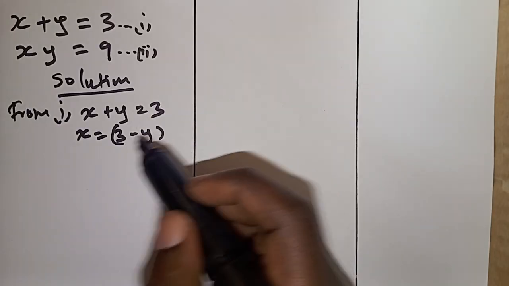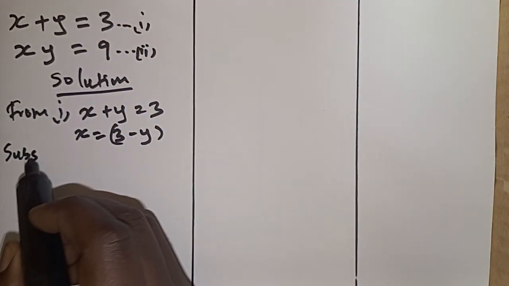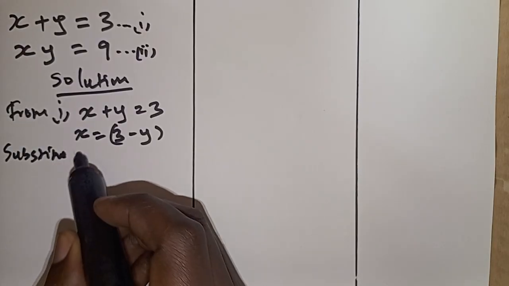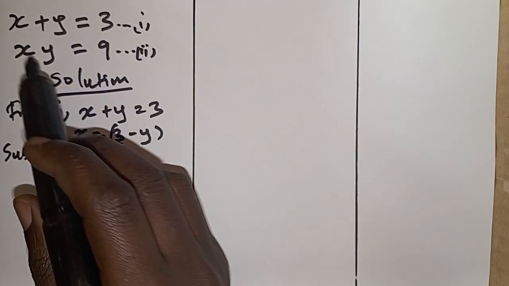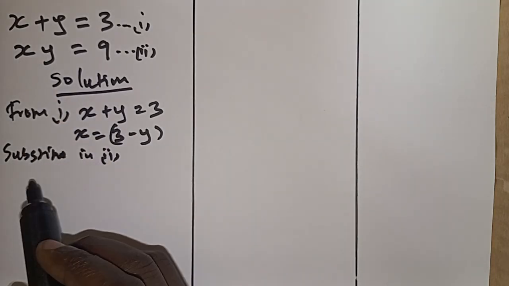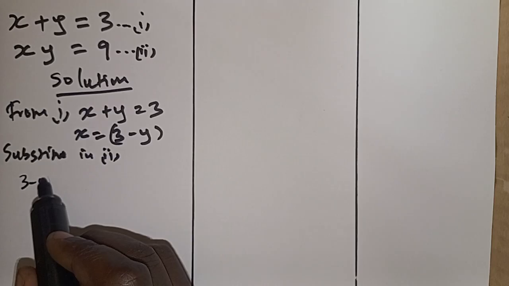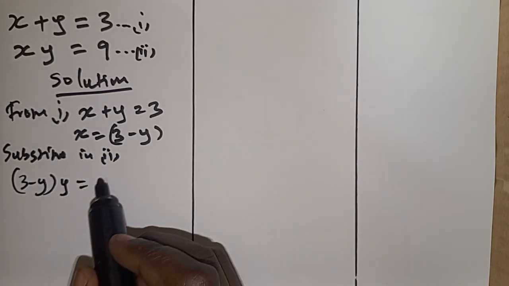Substituting this value of x in equation 2, wherever I have x, I'll substitute 3 minus y. So that becomes (3 minus y) multiplied by y is equal to 9.